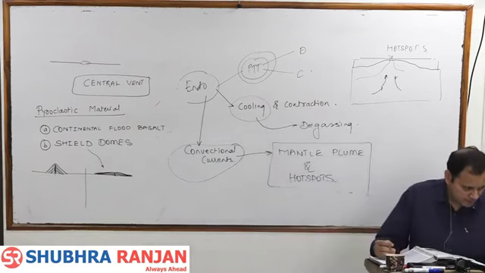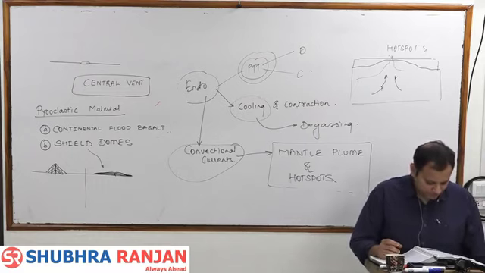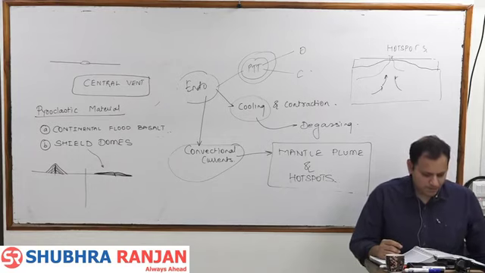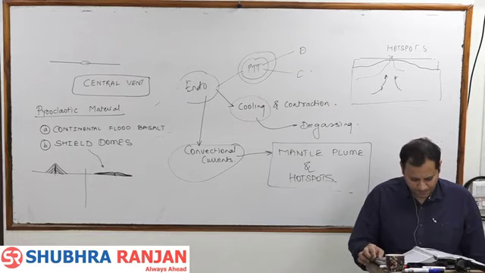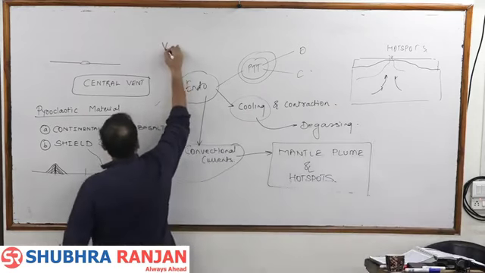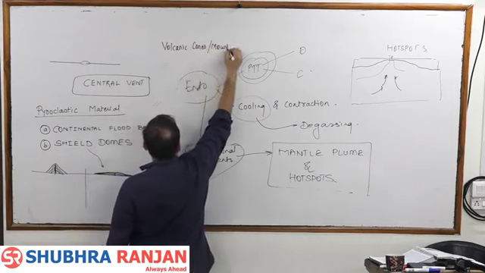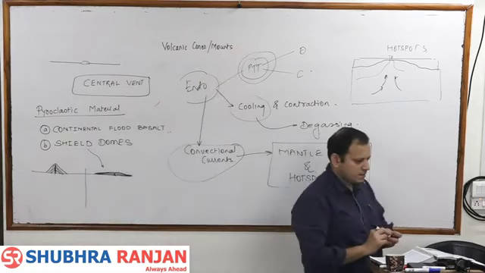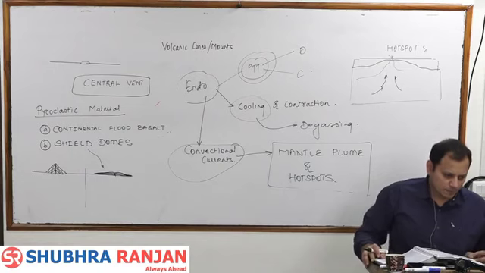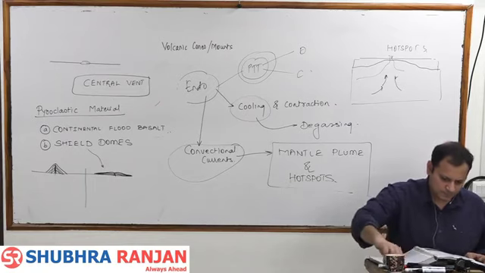Erupts with huge amount of pyroclastic material, solidifies quickly to form extrusive features such as volcanic cones or mountains, crater lakes.